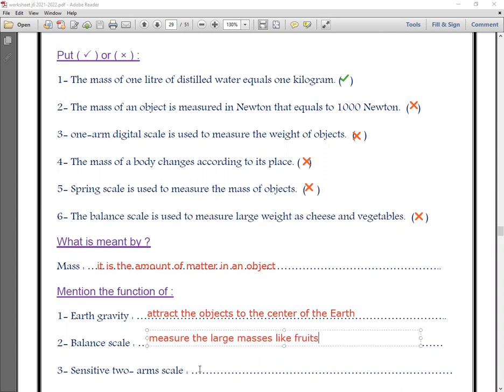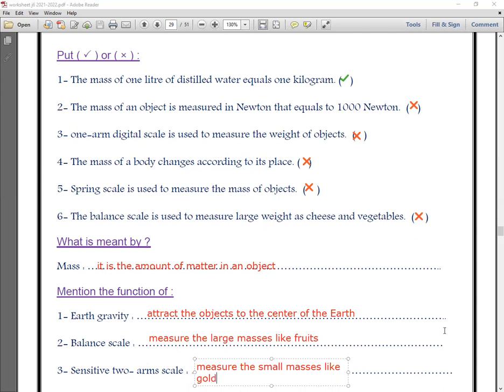Sensitive two-arm scale is used to measure the small masses like gold and silver, like jewelry.